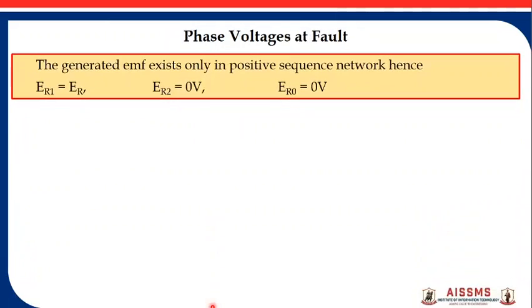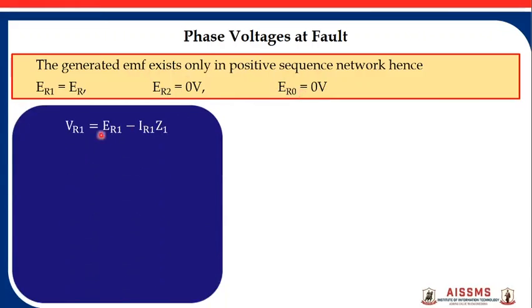So what will be the phase voltages at the fault? The generated EMF exists only in the positive sequence network, so ER1 will be equal to ER, ER2 will be 0, ER0 will be 0, because we are not considering a source in the negative sequence network and zero sequence network. So VR1 will be ER minus IR1 into Z1.